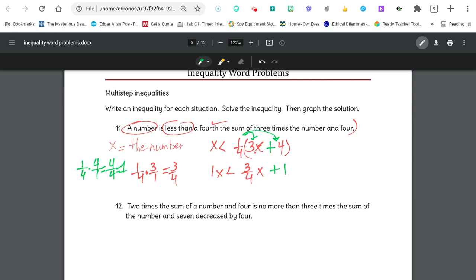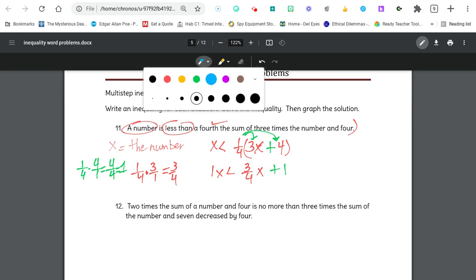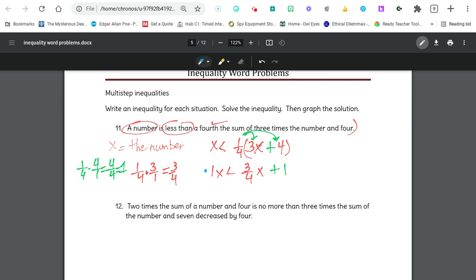Then I have variables on both sides. I can get rid of one of the variables first, but I don't like the fraction. So what I'm going to do is multiply everything by the denominator 4. Times 4, times 4, times 4. That's going to get rid of that fraction. So I end up with the new inequality, 4x less than 3x plus 4, because 3/4 times 4 over 1 is 12 over 4, which is 3.